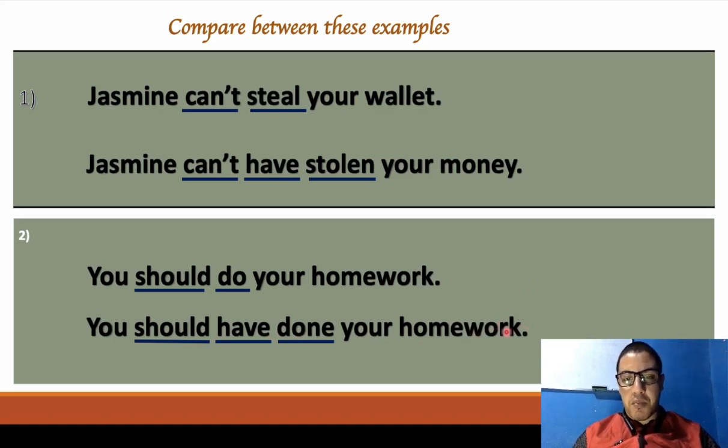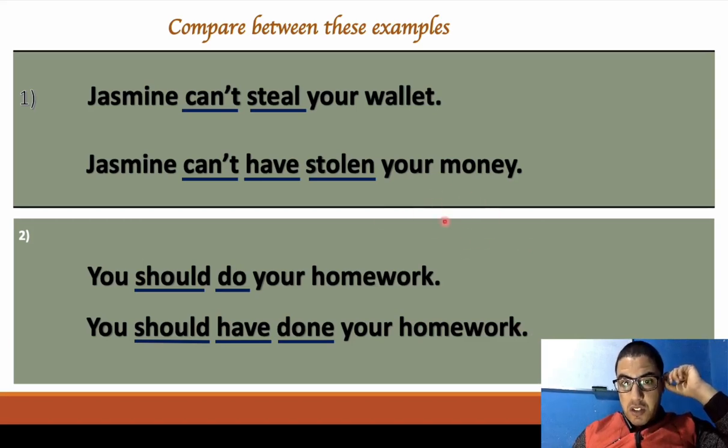We express that something should have been done in the past, but you didn't do it. Because here the speaker is talking to a person who didn't do his or her homework, and says that you should have done your homework but you didn't. Here we are talking about criticism or reproach, right?